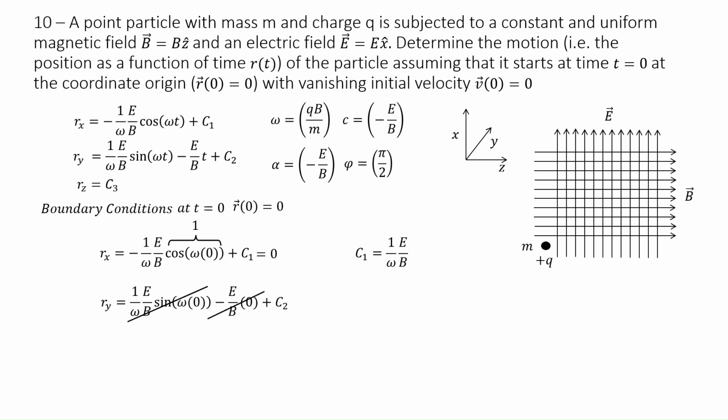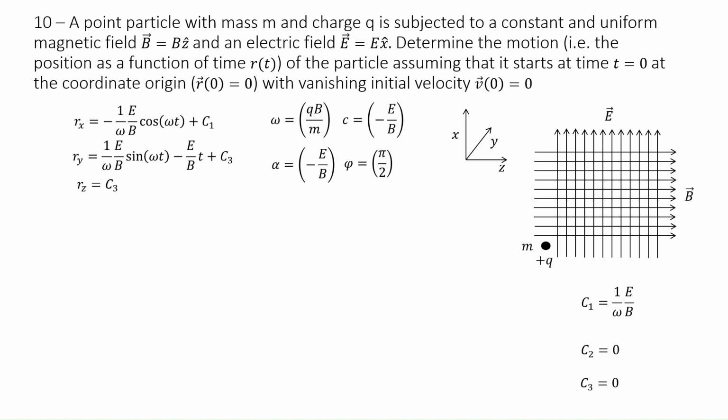But since this entire expression equals 0, C2 has to equal 0. And for our z, it is very simple, C3 equals 0. So these are our constants for our x, y, and z components of our position function.